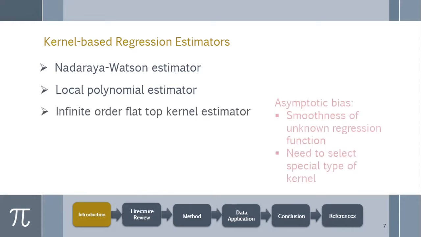In this estimator, the asymptotic bias is only related to the smoothness of the unknown regression function. However, it comes at the cost of selecting a special type of kernel. The kernel should be infinitely differentiable.